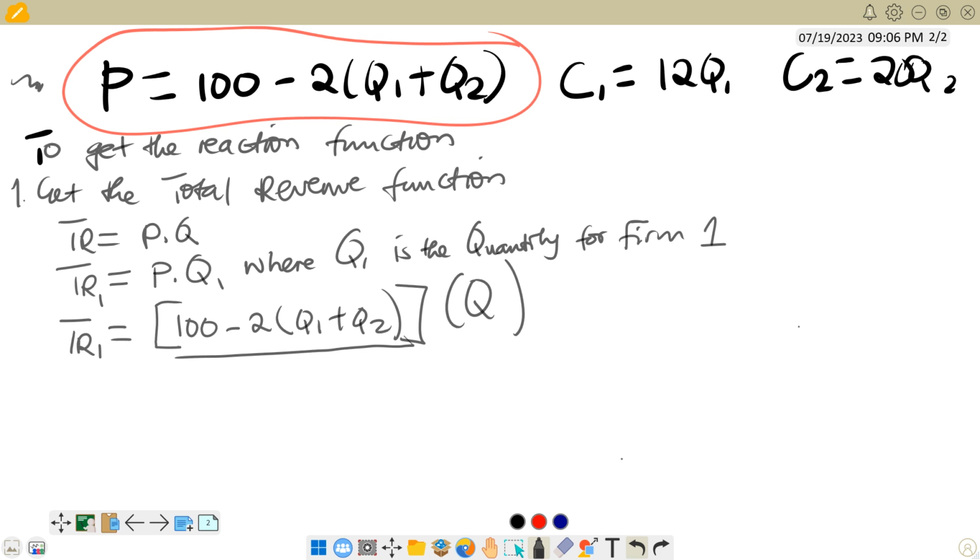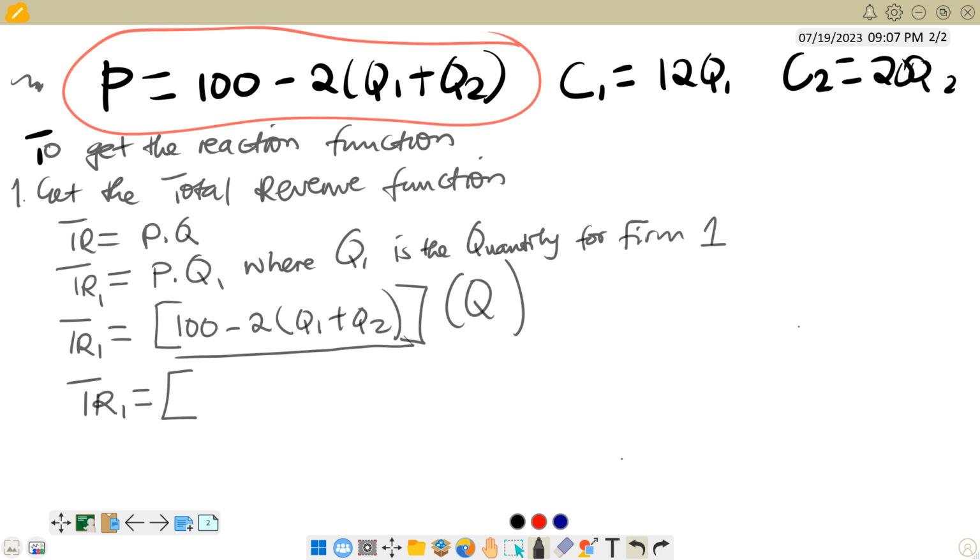So total revenue is equal to, now it will be a bit difficult for us to multiply it the way this is here. We have to simplify it.